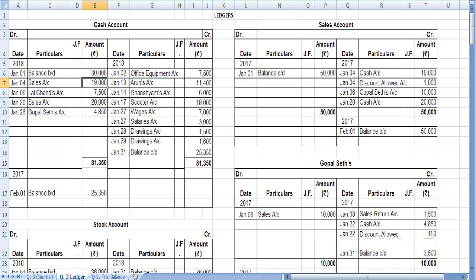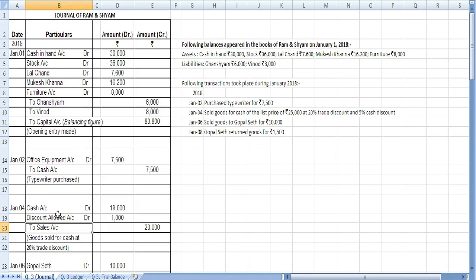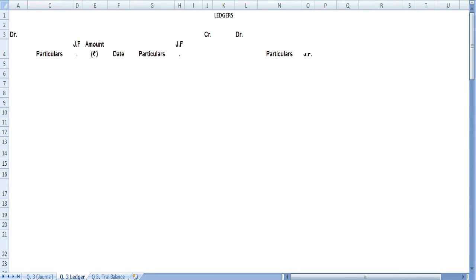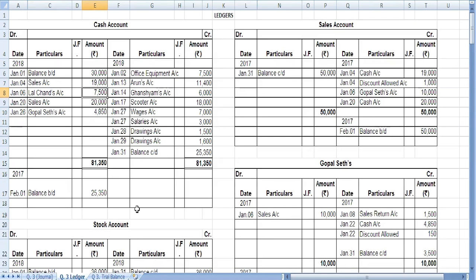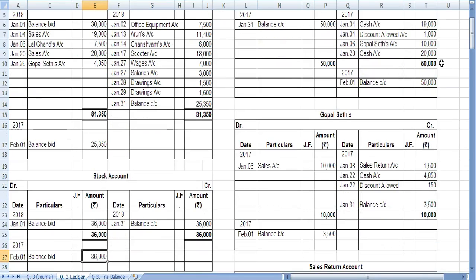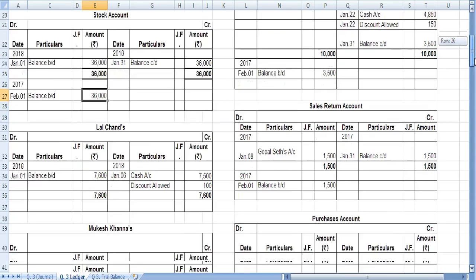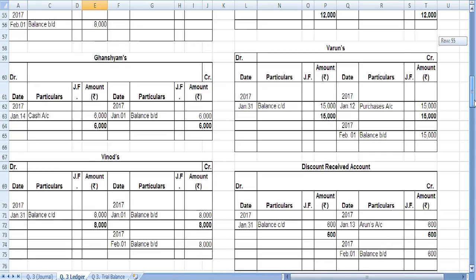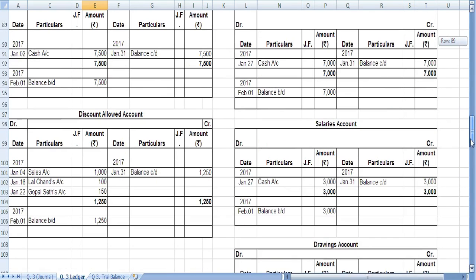Now the same journal we read a second time, discount allowed debit to sales. Let us go to the discount allowed, and here it is saying to sales, discount allowed to sales 1,000.